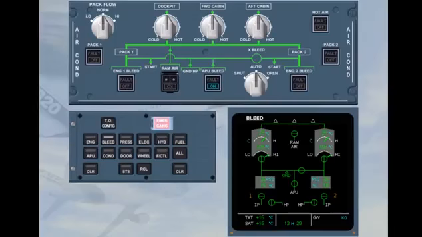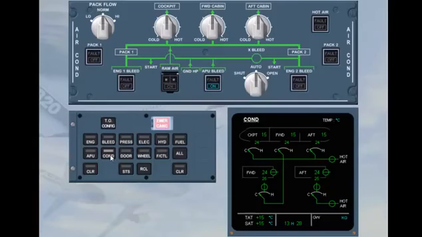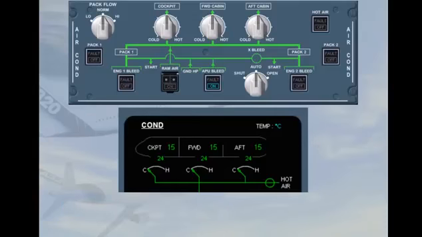Let's look at temperature regulation of the air conditioning system. This is better seen on the ECAM COND page. Call the ECAM COND page. Let us concentrate on the upper part of the ECAM COND page. Look carefully at the indications.